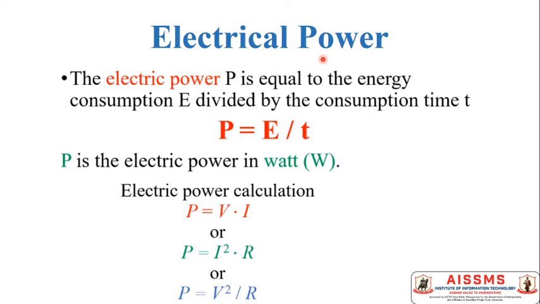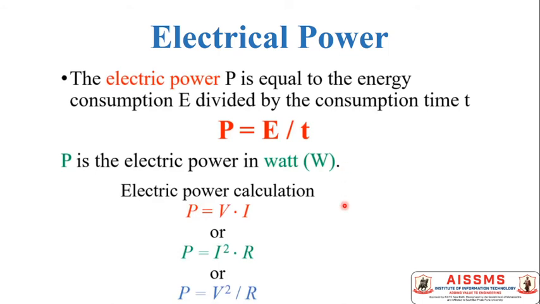Electrical power P is equal to the energy consumption E divided by the consumption time T. P is equal to E upon T, where P is electrical power in watt.